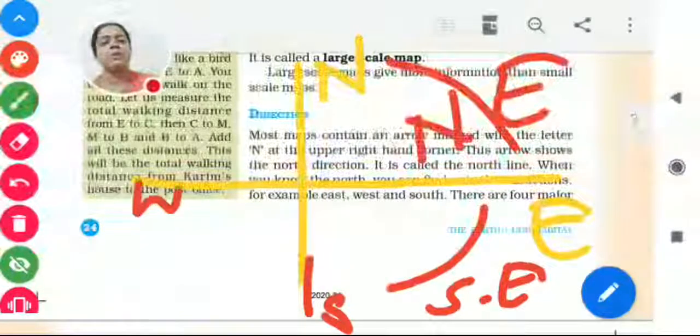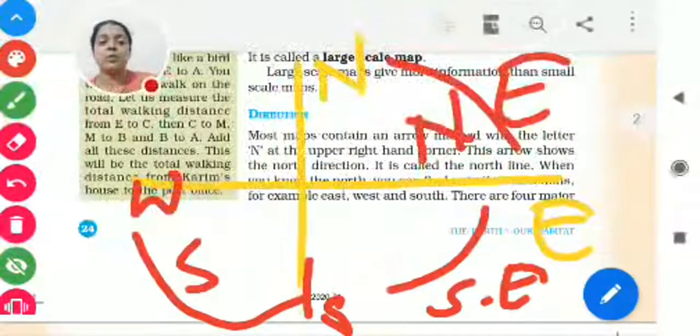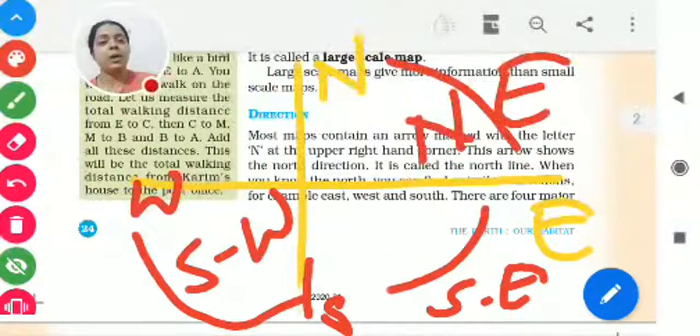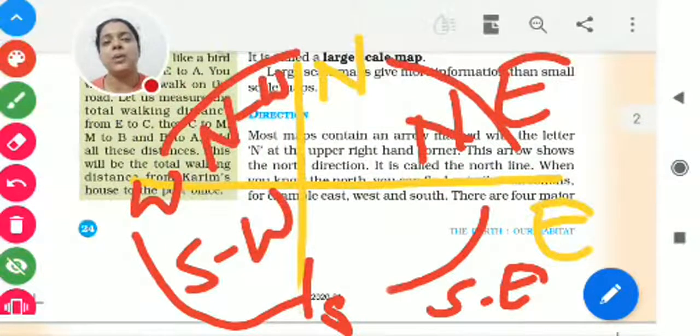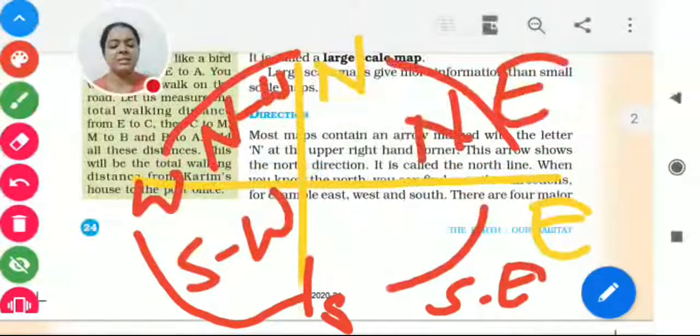When you talk about south and west, it's southwest. And when you talk about north and west, we are talking about northwest. So northeast, southeast, northwest and southwest are known as your four sub directions.